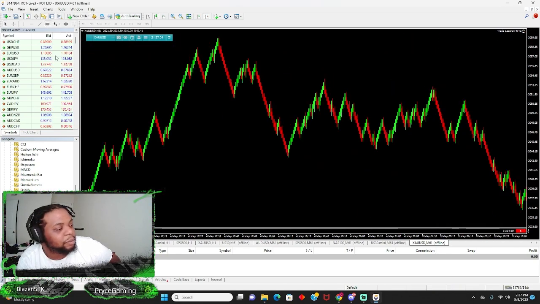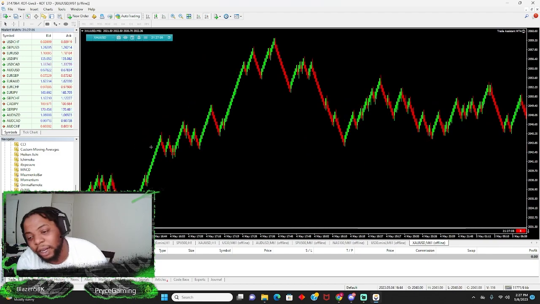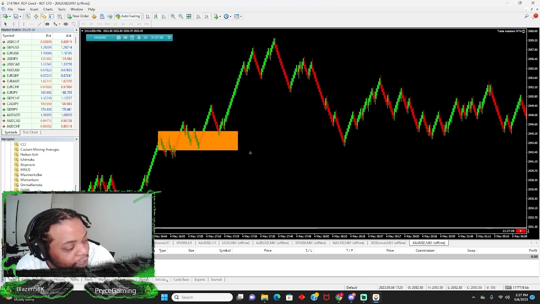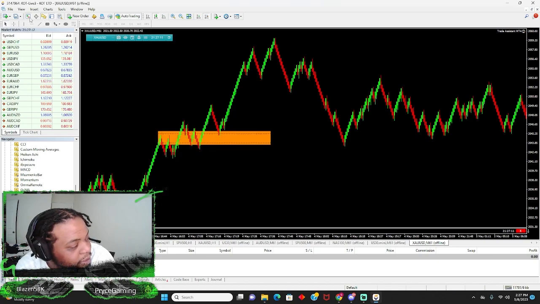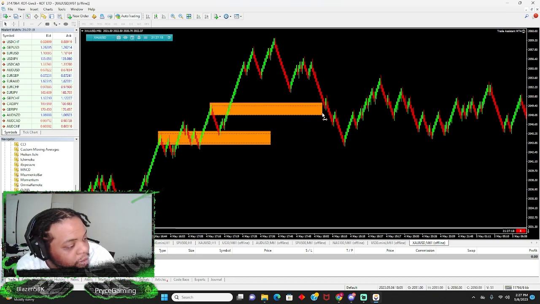If you come to any peak, this is why I like Renkos, by the way. I'm gonna keep reiterating that. Look at that. Resistance. Resistance. That's a small one. That's just one though.